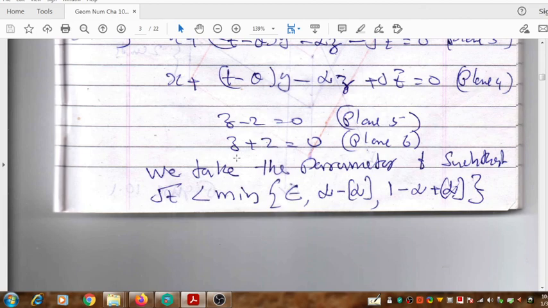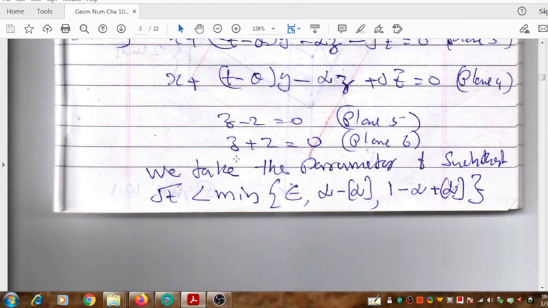We can take the parameter t such that this parameter, a new quantity taken in our discussion, has its value decided using this condition: root t is less than the minimum value of three quantities.